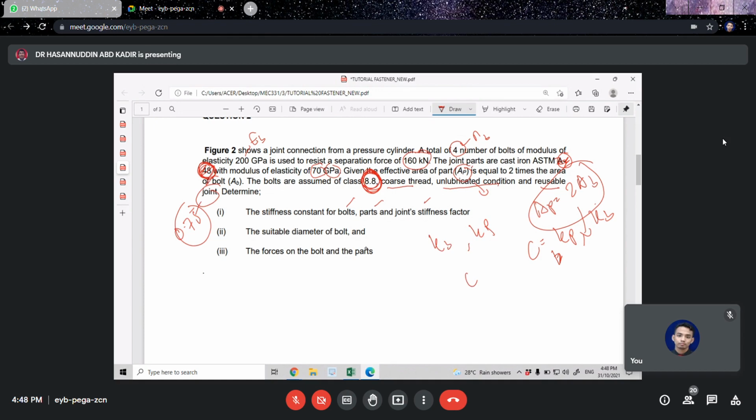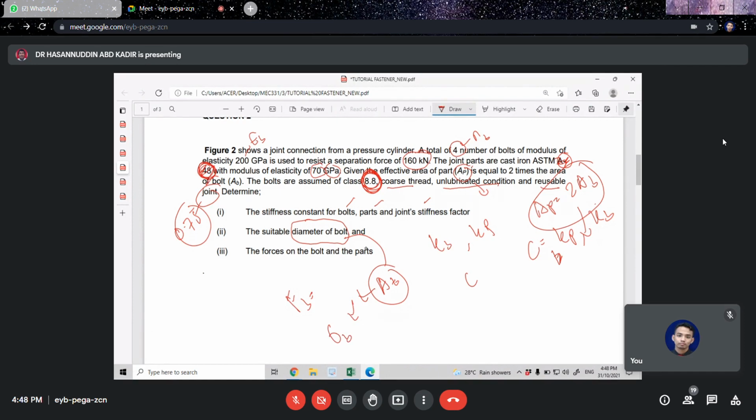Suitable diameter of both. When they ask you to find the suitable diameter of both, they will ask you to find the value of At. Where can you get the value of At from? From the stress of bolt here. Then you can find the value of stress of both.